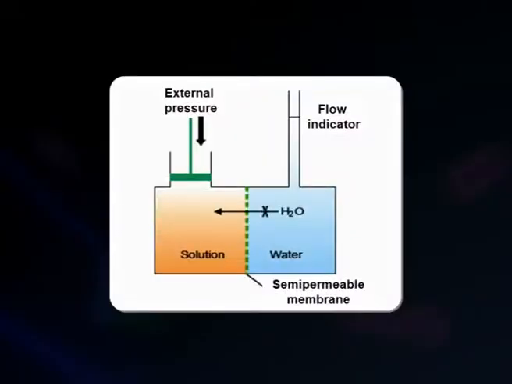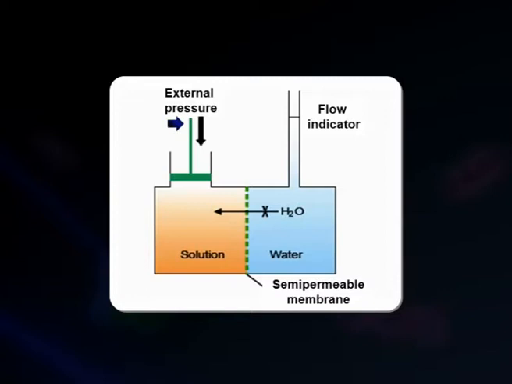If we take an apparatus consisting of two chambers separated by a semi-permeable membrane, one side contains solution and the other side is filled with water, or it can be said, pure solvent. Now, because of osmosis, solvent will start moving towards the solution through the semi-permeable membrane.